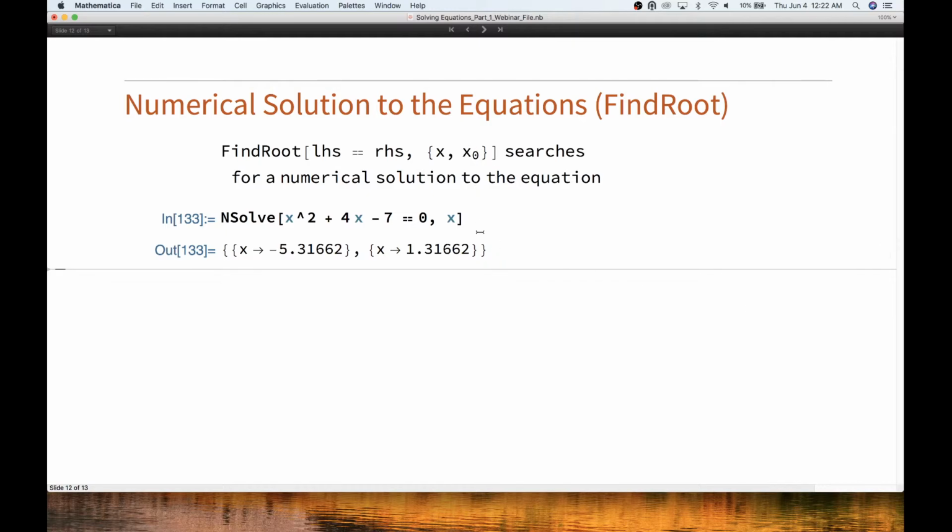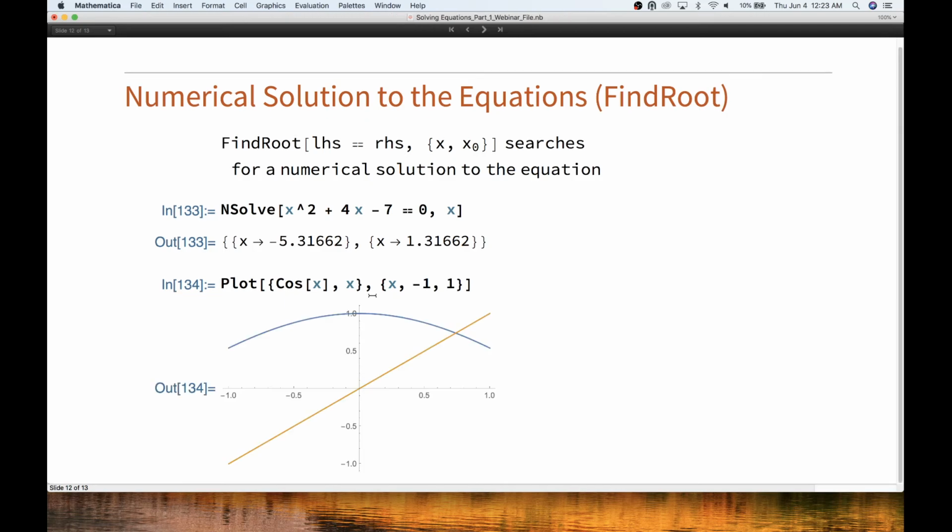important to understand. So let's understand this by having a visualization. So maybe if I do a Plot of Cos[x], and let's give the range of x maybe from -1 to 1.